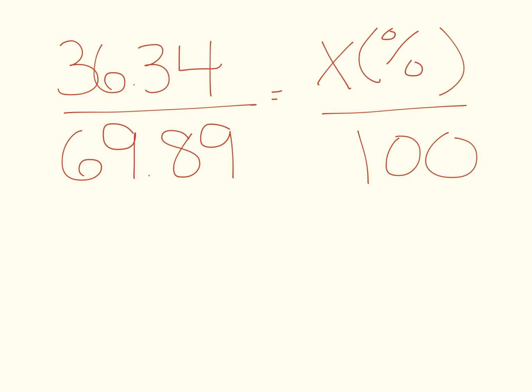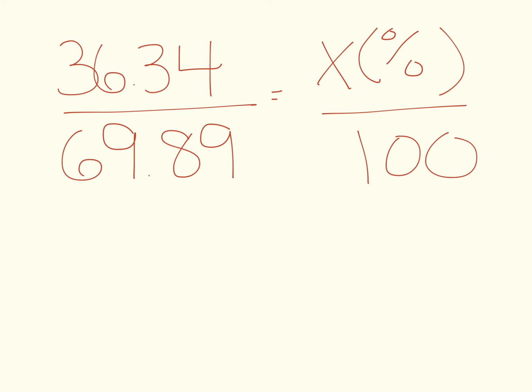We're trying to find out what percent $36.34 is. That's the amount we saved out of $69.89. So I set a proportion up. I'm looking at what percent out of 100, because percent is always out of 100, was my savings out of $69.89.